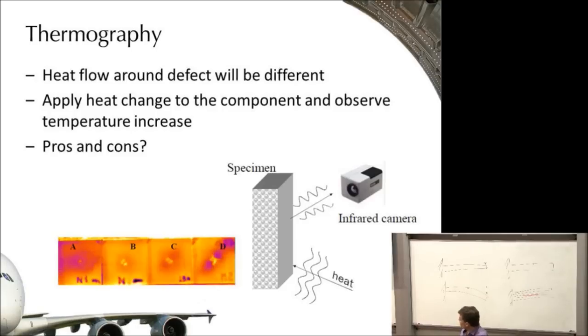This is actually quite a useful technique for aircraft because it's sort of non-contact. You can do it from a distance. You have to be able to get at the part. You can't do it for internal components very easily, but it's quite a useful technique.